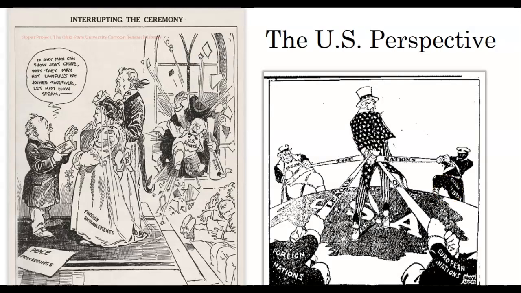The United States, however, had a different point of view on the treaty. Not every member of the United States Senate thought that Wilson's 14 points or the negotiated Treaty of Versailles was good for Europe or for the United States.